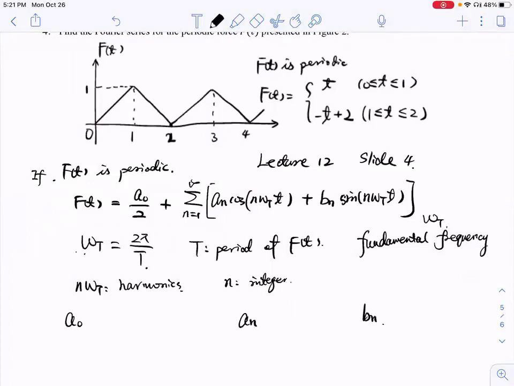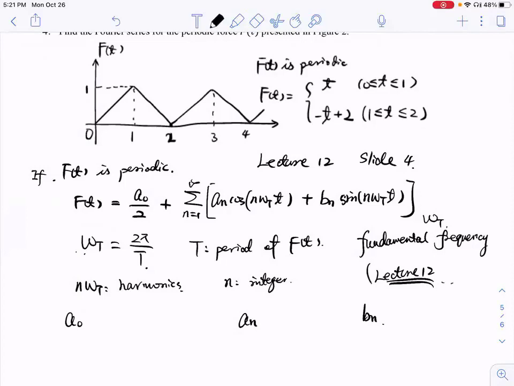I don't want to rewrite all the equations again. You can find them on lecture 12, slide 4. It's a lot of calculation, trust me. I already provided you 2 homework solutions. You might want to check out lecture 12, the solutions of 2 homeworks.